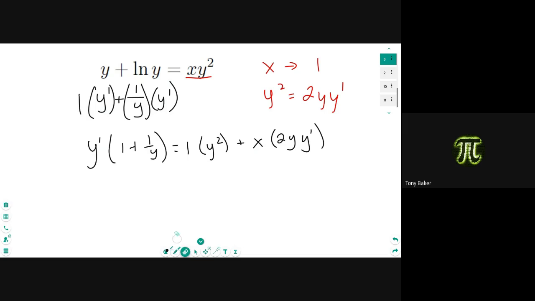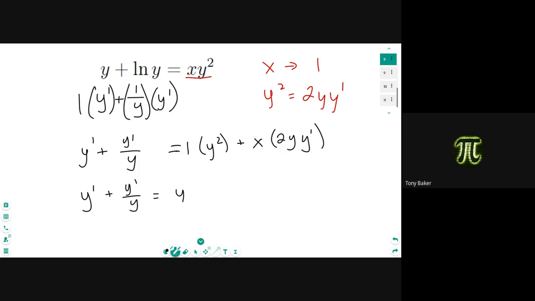Actually, splitting this out like this is going to make my life more difficult, so I'm going to change that again. So we're going back to y prime plus y prime over y equals y squared plus 2xy y prime.